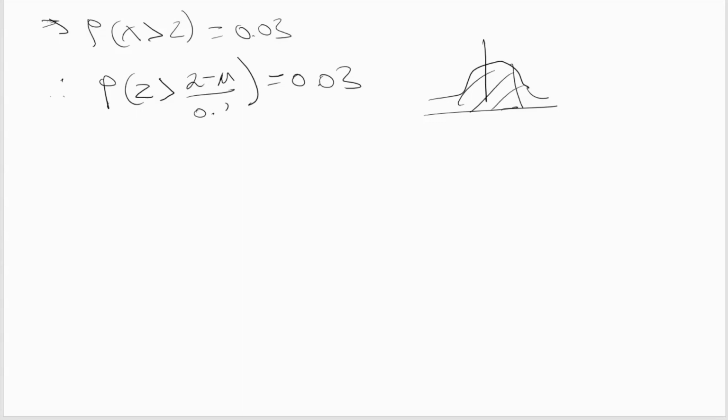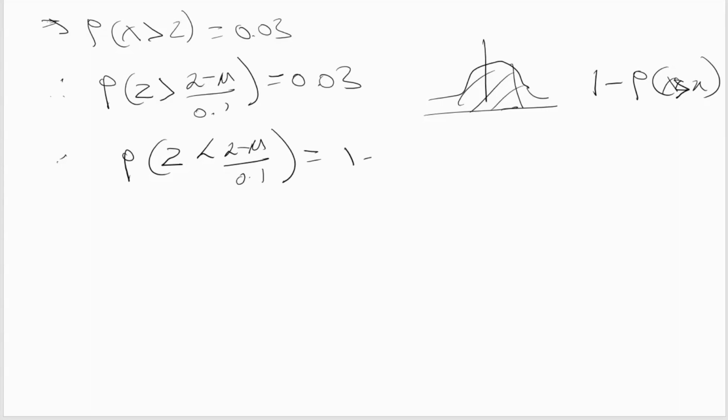So in order to convert this, it becomes 1 minus the probability that we have here. So the probability of Z less than (2 minus mu) over 0.1 is equal to 1 minus 0.03. So the probability of Z less than (2 minus mu) over 0.1 is equal to 0.97.